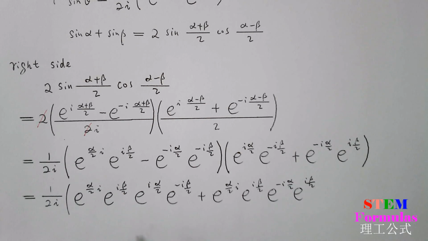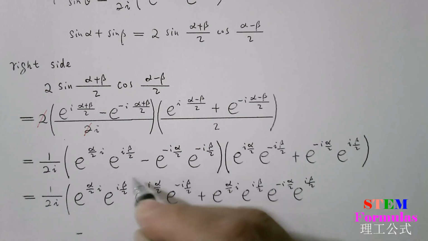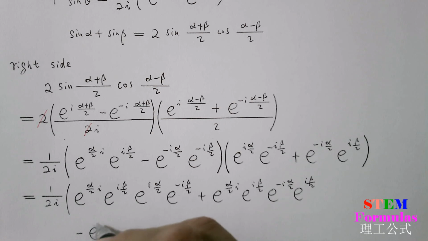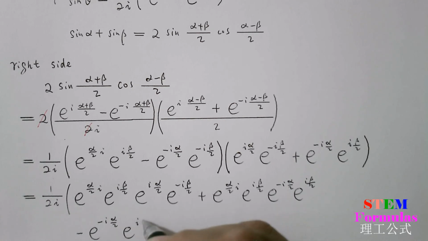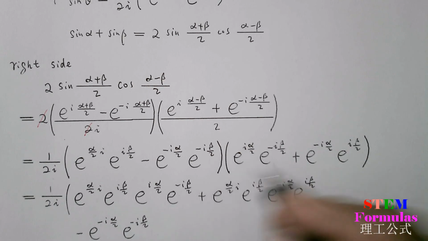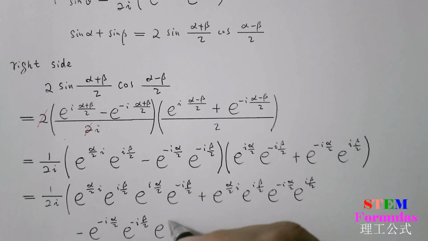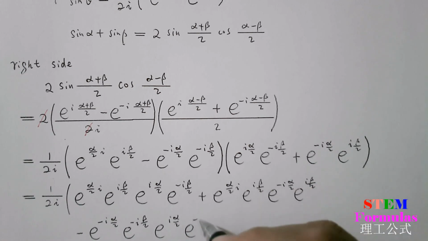Now, and then this times this term. So minus e to the minus I alpha divided by 2 e to the I beta divided by 2 times this term, I alpha divided by 2 minus I beta divided by 2.